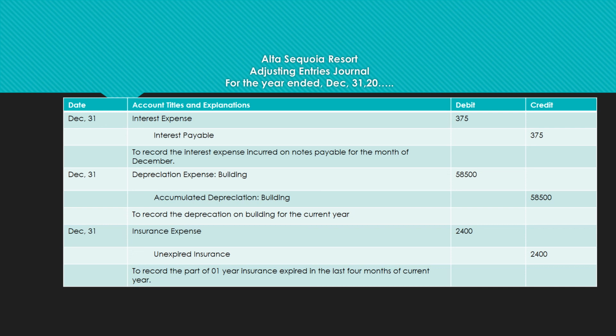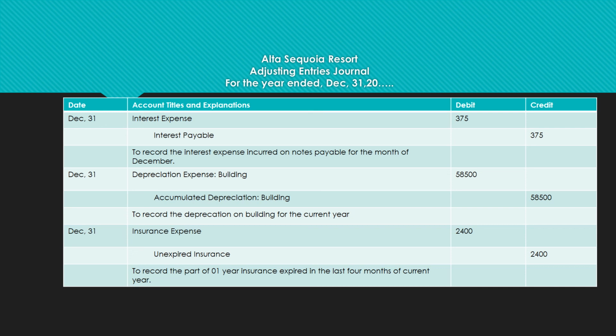As company has purchased that fire insurance policy on September 1, now they are passing adjusting entries on December 31st. Now from September 1 to December 31st, out of unexpired insurance policy of 7,200, 4-month policy is expired.